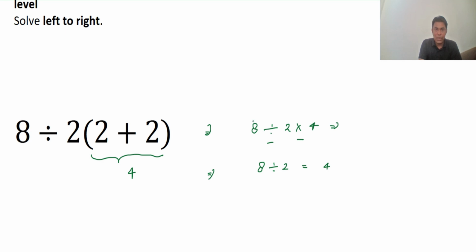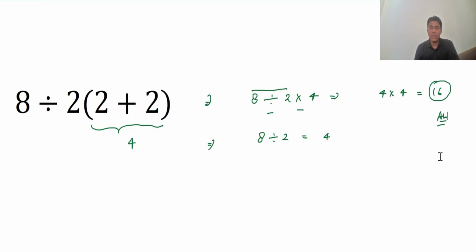So in place of 8 divided by 2, we place 4. Now this expression becomes 4 multiplied by 4, and after simplifying this we have 16. This is the correct answer of the question, whether we use PEMDAS or BODMAS. In both cases we have the same answer, 16.